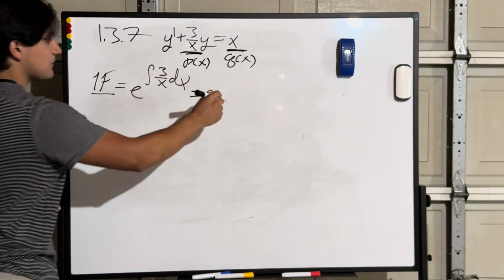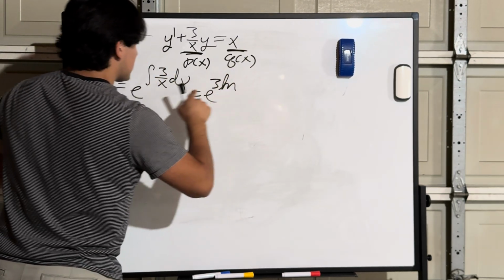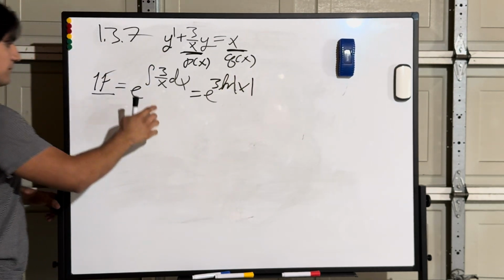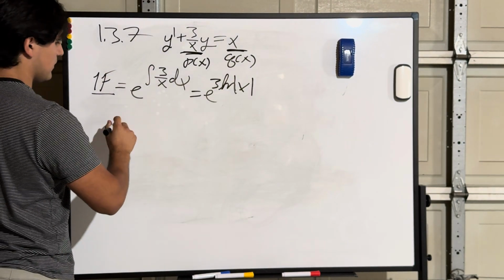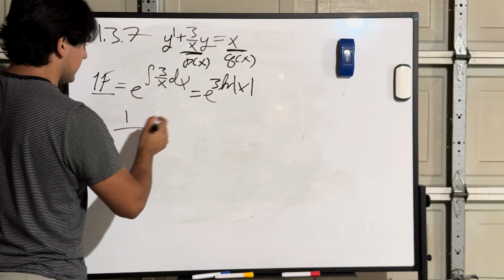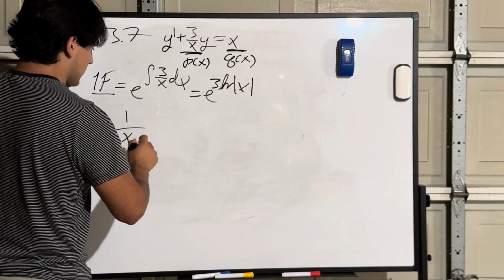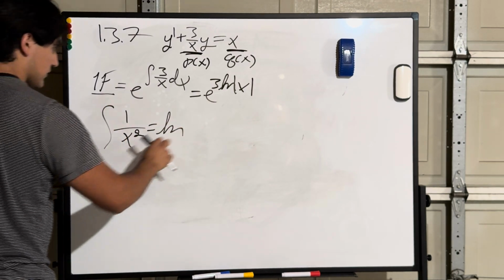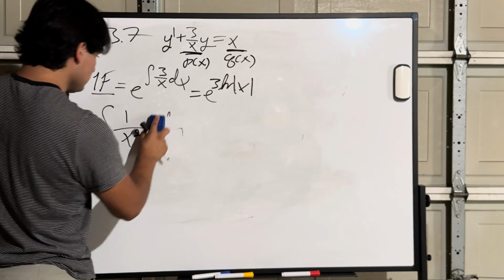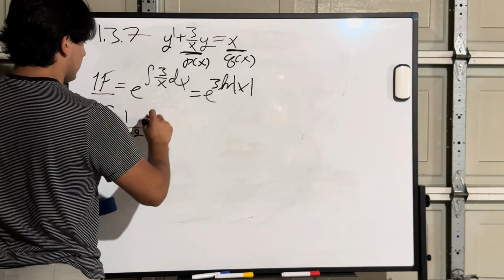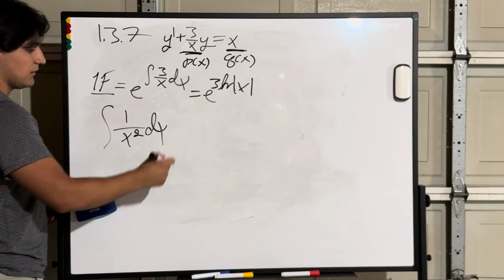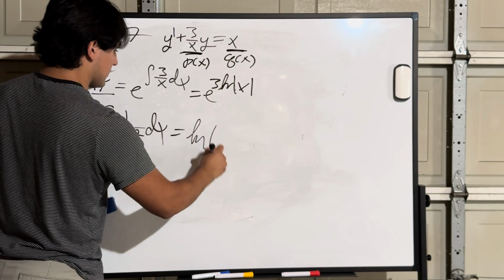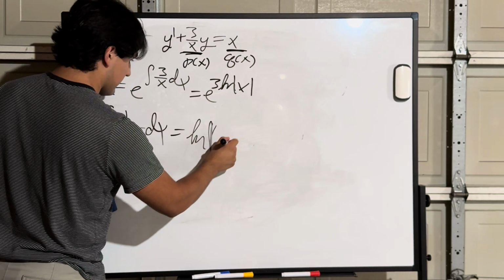And this is going to be e to the 3 natural log of x, because if we remember, the inverse of the exponential function is always going to be the natural log.